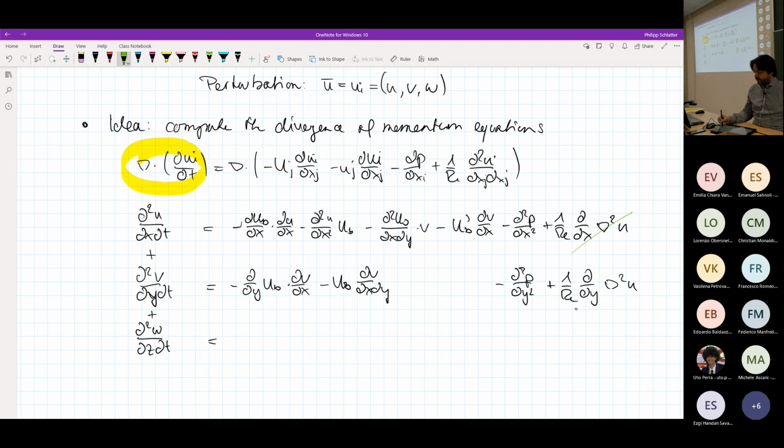So this will be zero together with this, and also the one corresponding to the W direction. So these guys will be zero. If I now start with this term, this is also zero because ub dx is of course zero because we said it's a parallel flow.